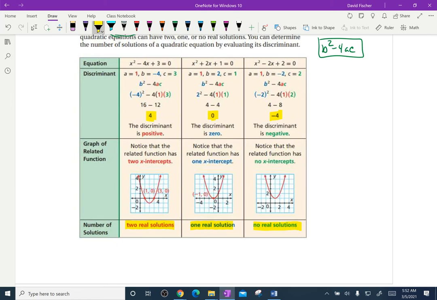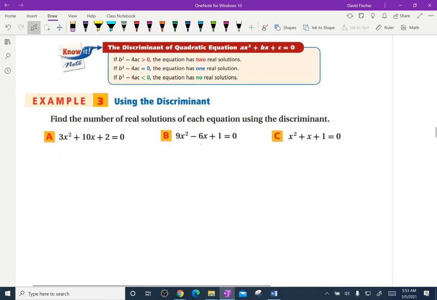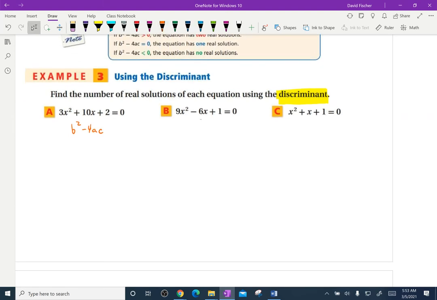If they say, hey, tell me some things about it, and how many zeros do we have, we'll just use that b squared minus 4ac. It's kind of nice because then you don't have to do the whole quadratic equation. And so again, it's called using the discriminant. Tell me how many zeros there are. So it's the b squared minus 4ac. It's the part that's underneath the radical sign.